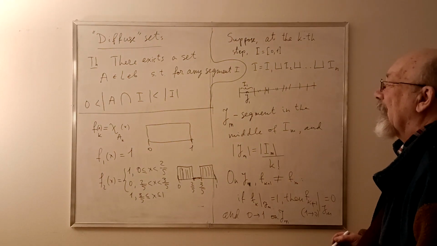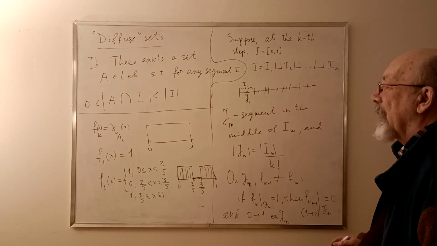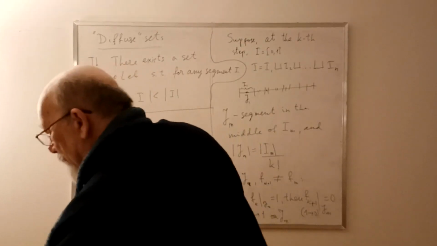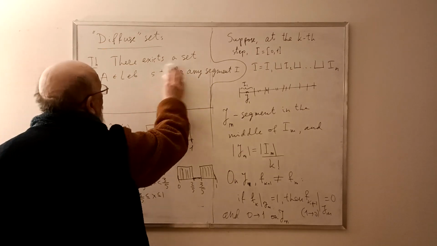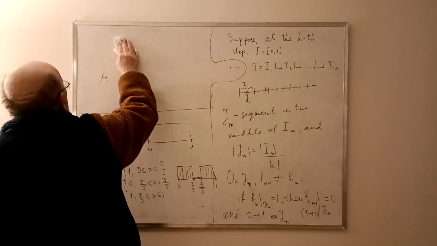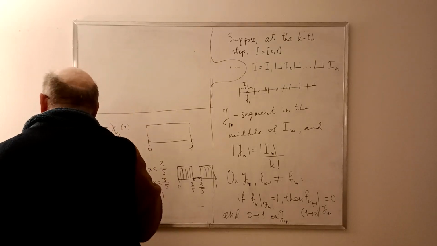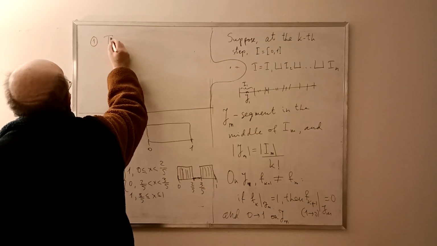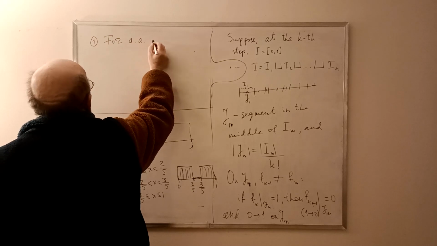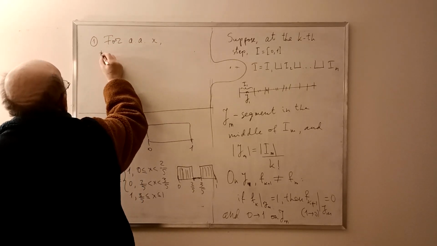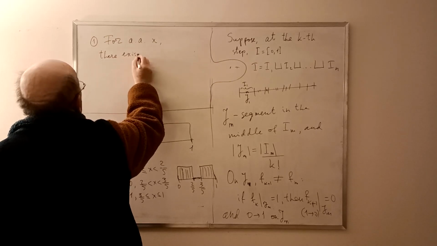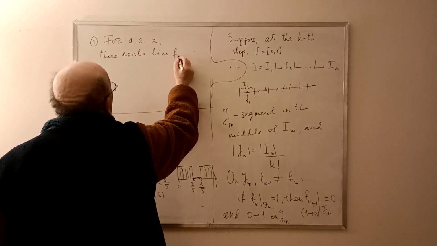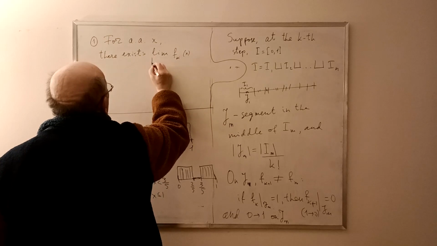First of all, statement 1: for almost all x, there exists the limit of fk of x when k goes to infinity.